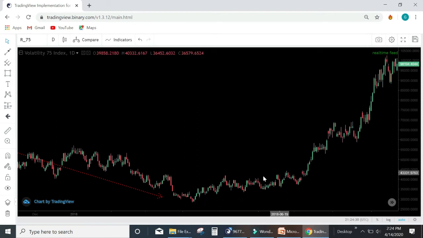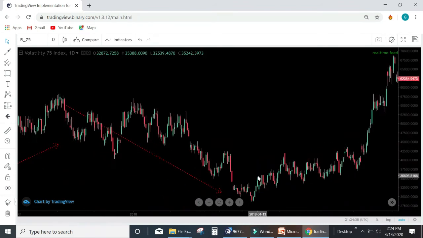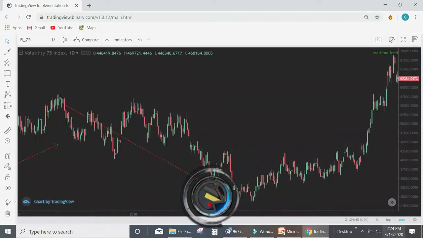Like this area, we see the prices were moving the same, they did not move. At this time it was days and days. You see in 2018, and now it's 2020.